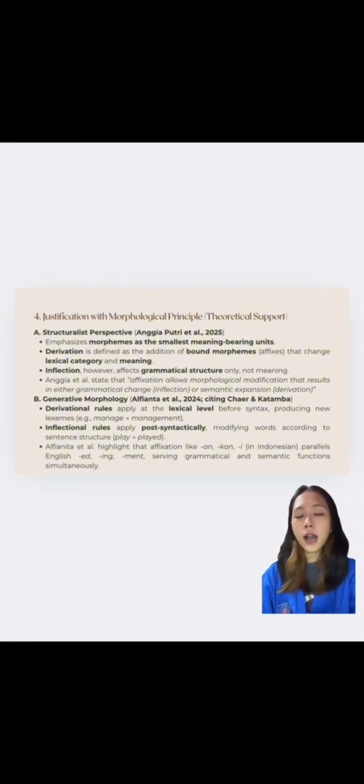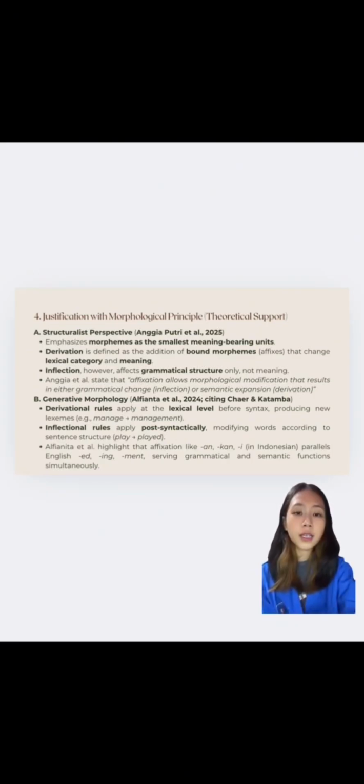Meanwhile, Alfianita et al. 2024, using Chomsky's generative framework, emphasized that derivation occurs lexically while inflection is syntactic. As you can see in this slide, you can read more by yourself.